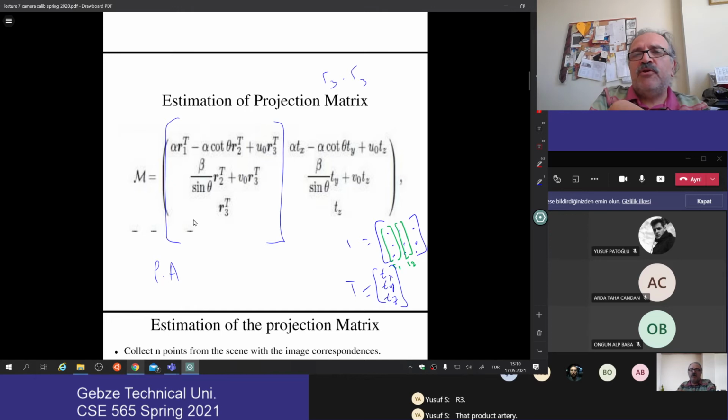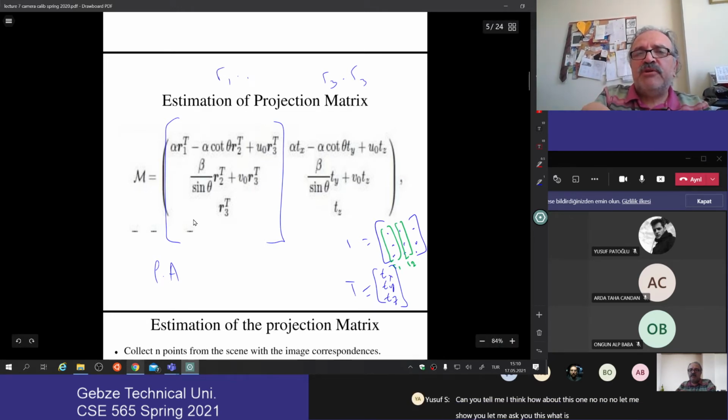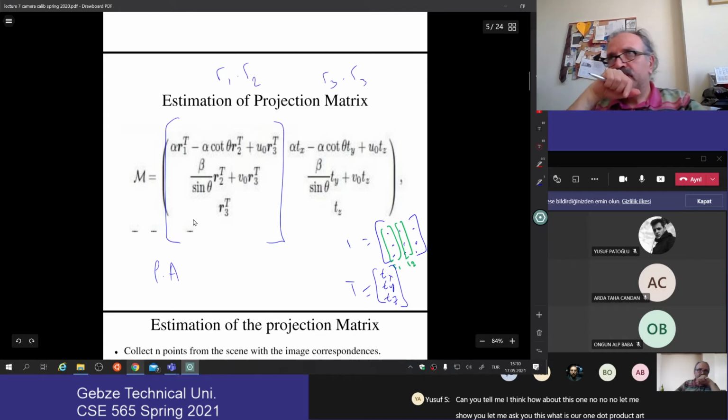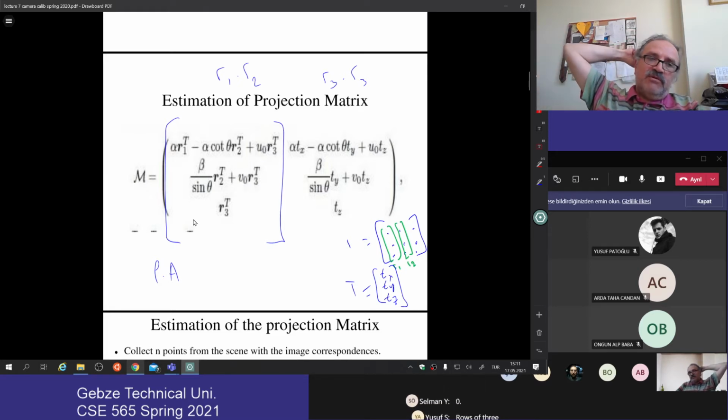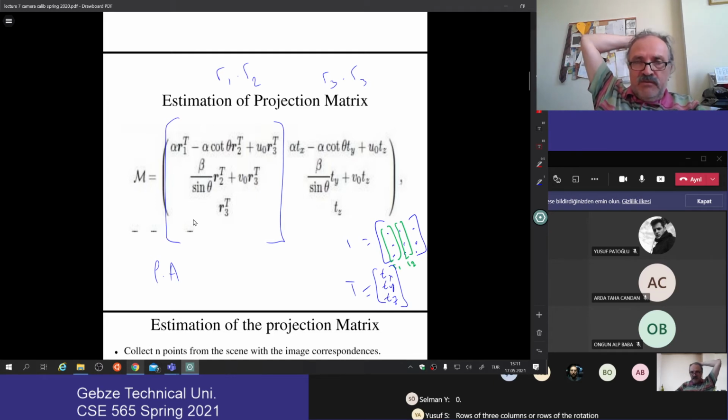Let me ask you this. What is R1 dot product R2? R1, R2, R3 are the 3 rows of the rotation matrix. So what is R1 times R2? 0 maybe. It is 0, exactly.